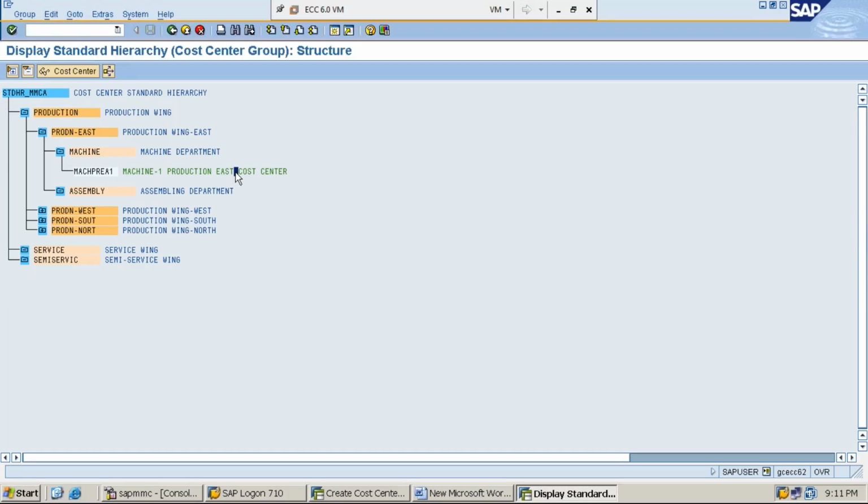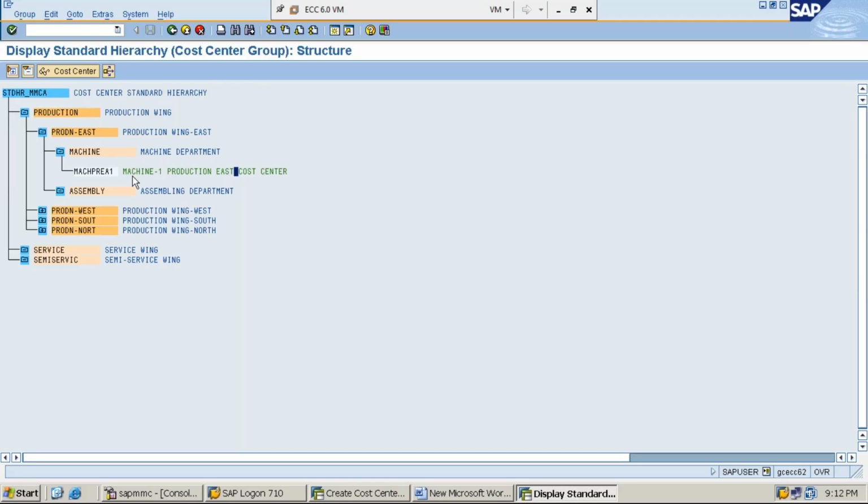Okay. Now what is a cost center? See, likewise, this machine department will have multiple centers like machine 1, machine 2, machine 3, machine 4, like that, correct? Now what exactly do we mean by cost center?